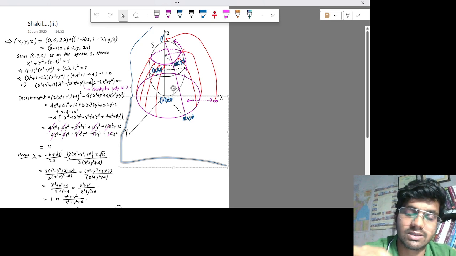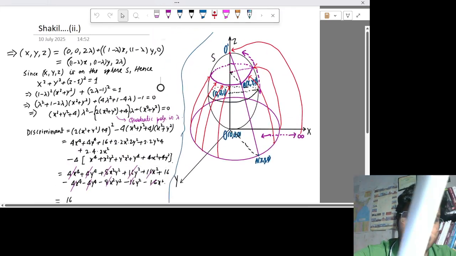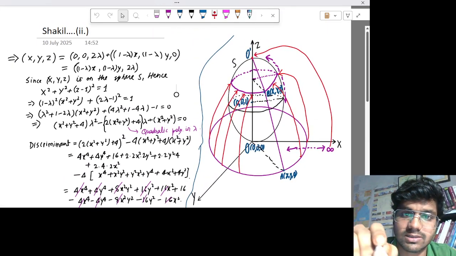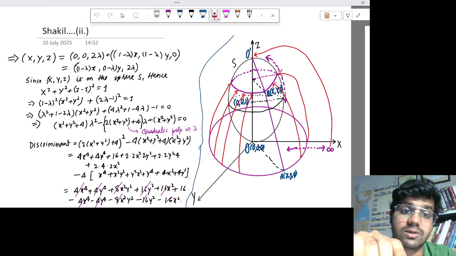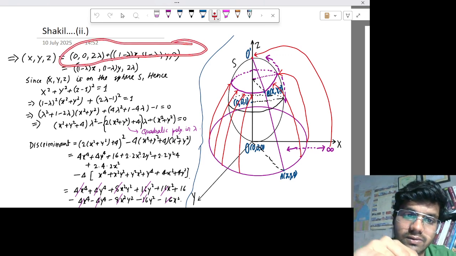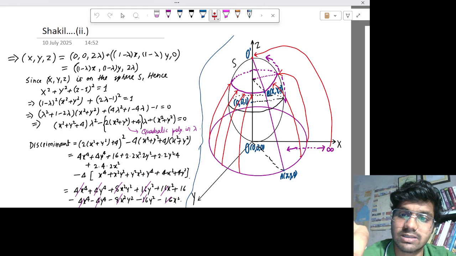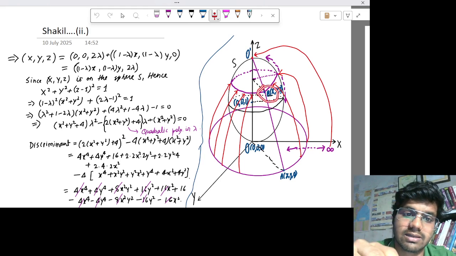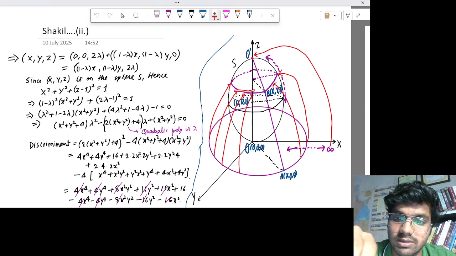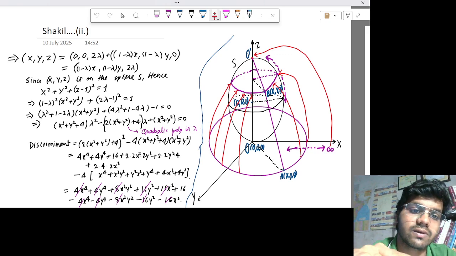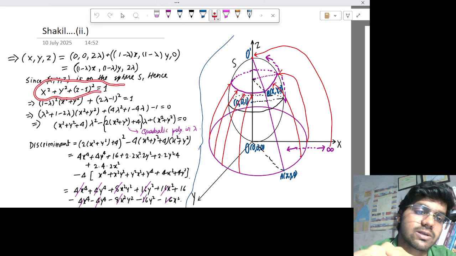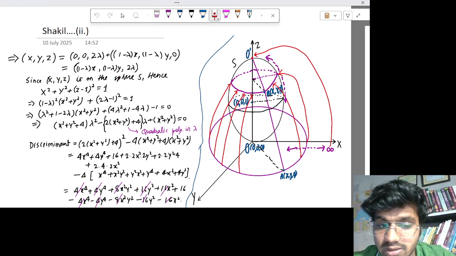Now this is all the analysis part, the calculation. You can see that x, y, z equals lambda times 0, 0, 2 plus 1 minus lambda times x, y, 0. When you expand this, you will get this expression. Also, this x, y, z lies on the sphere whose center is at 0, 0, 1 with radius 1, so it satisfies x square plus y square plus z minus 1 square equal to 1.